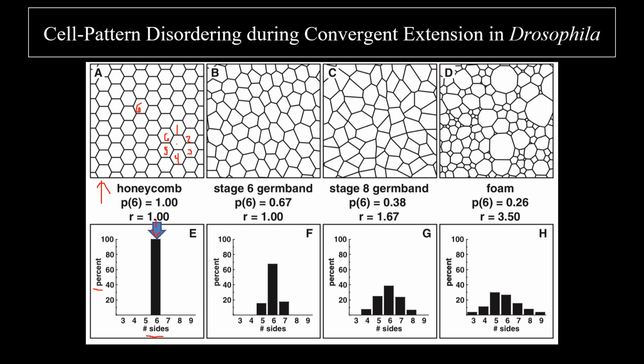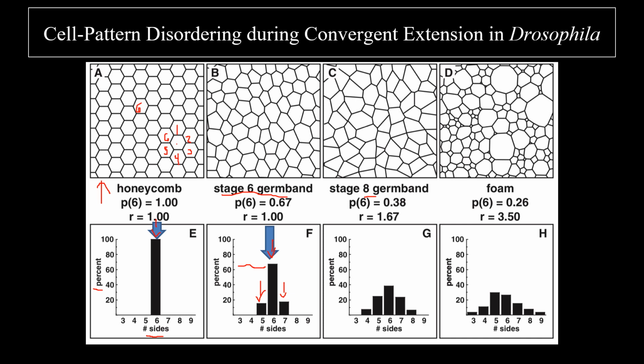When you have the wild type, you don't have all of them. They don't show a honeycomb pattern. Only 60%, and the other ones are pentagons, and the other ones are heptagons. And while the tissue is reorganizing in stage 8, do you see that there is a reduction in the order?